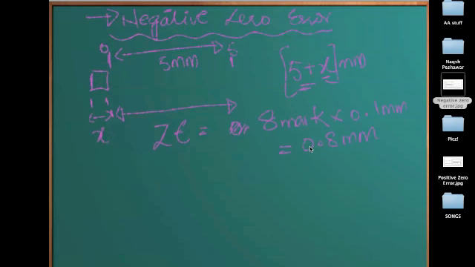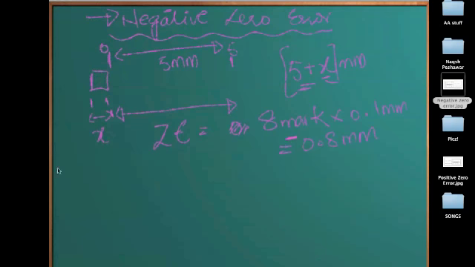Since it is a negative zero error, we will say that it is a zero error of minus 0.8 millimeters. It was minus 0.8 millimeters lagging behind the actual zero.